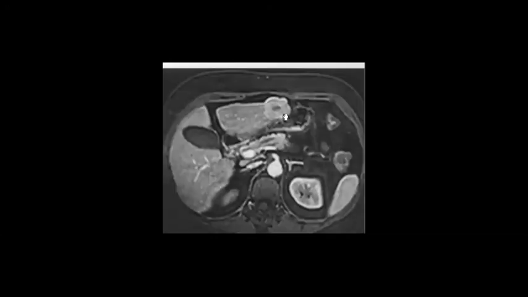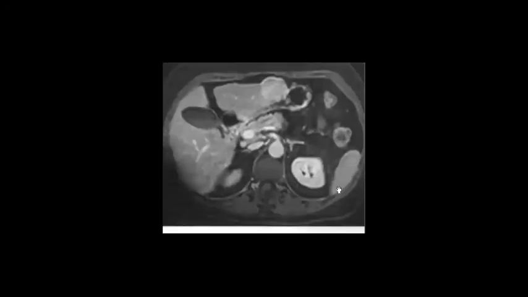In the post-contrast images, in the late arterial phase, you can see enhancement, and in the delayed phase, you can see some delayed enhancement. So this is a typical case of focal nodular hyperplasia. There is uptake in the central scar in the delayed phase.